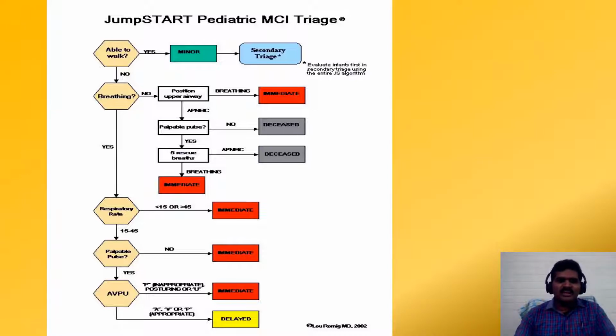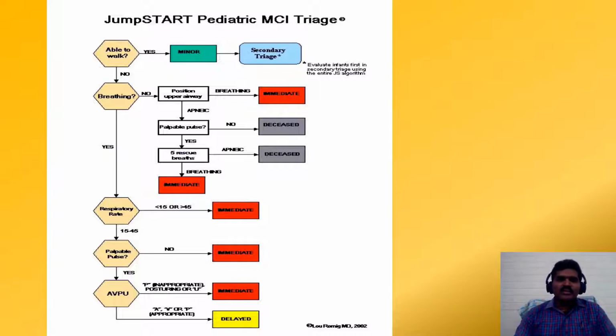If the patient is not breathing, position the upper airway. If apnea is still there, look for a palpable pulse. If there is a palpable pulse, give 5 rescue breaths. Once you give 5 rescue breaths and the patient starts breathing, put him into the immediate category. When you position the upper airway and the patient is breathing, put him into the immediate category.